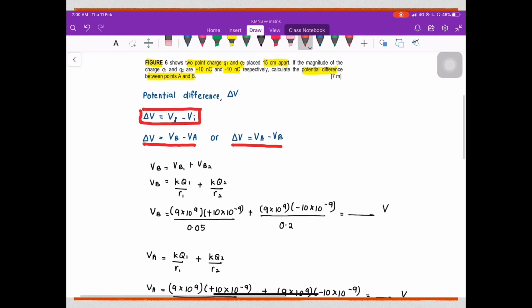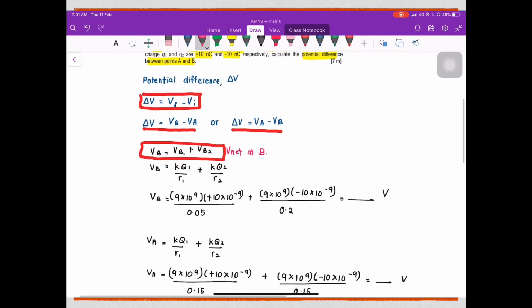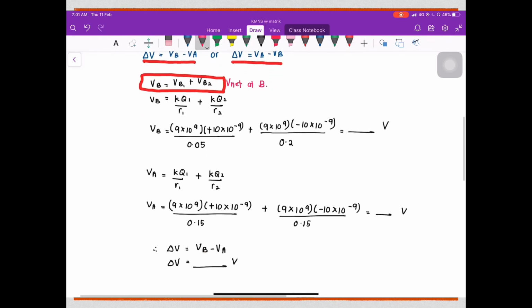So step 1, we need to determine the net electric potential at point B. The question is, why do we need to find the net at B and also at A?